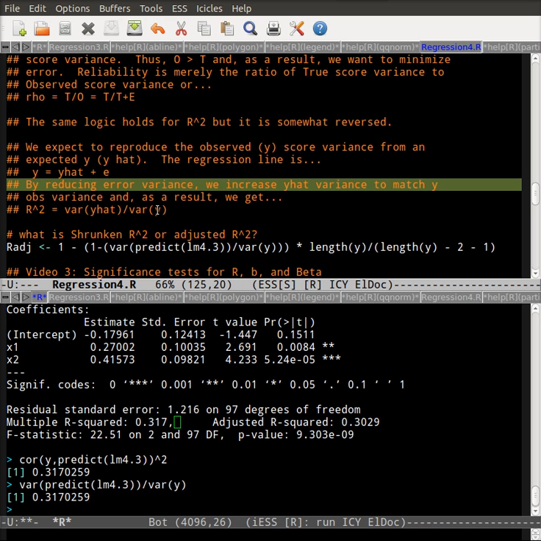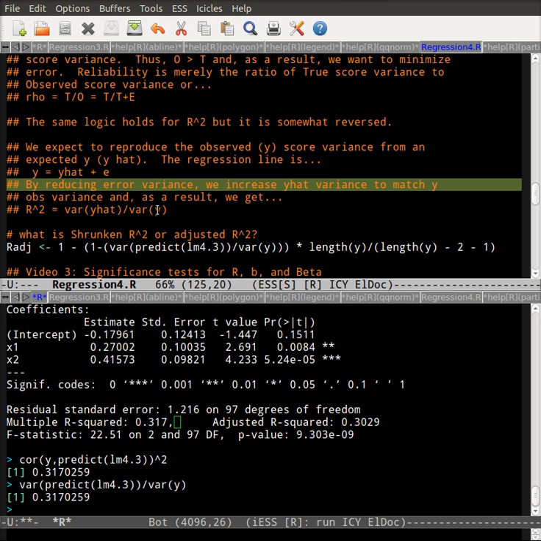That's the one with all the b's in it and the a and all of that. By reducing our error variance, we increase y hat variance to match y. Really, we're not increasing y hat variance, we're reducing the variance in our error.